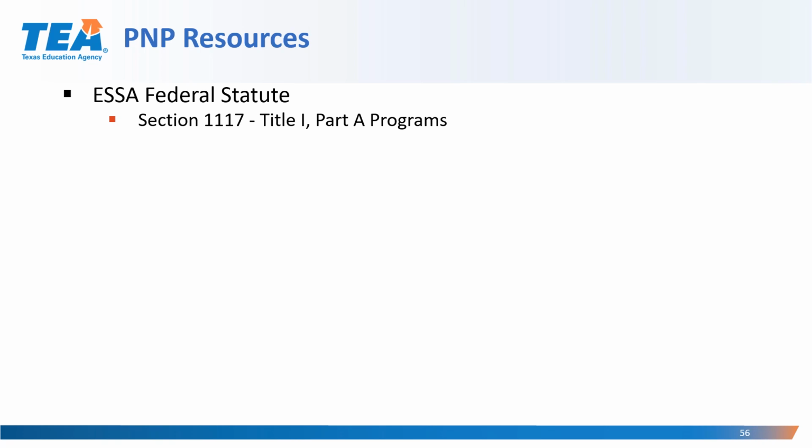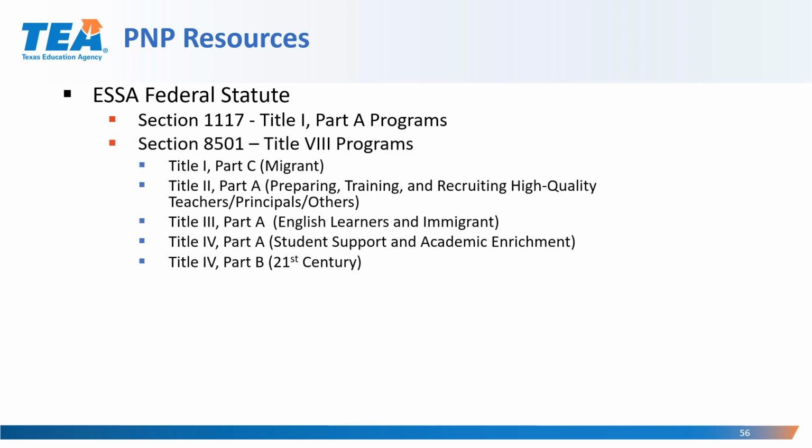The ESSA federal statute for Title I Part A is under Section 1117. And Section 8501, as I stated earlier, provides the requirements for Title VIII programs that you can see on the screen.